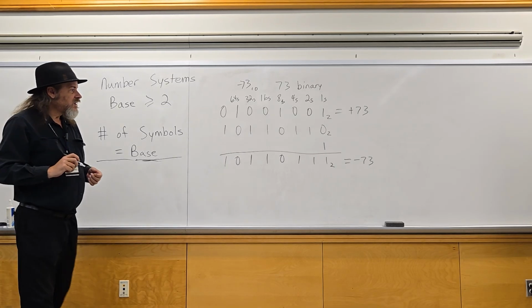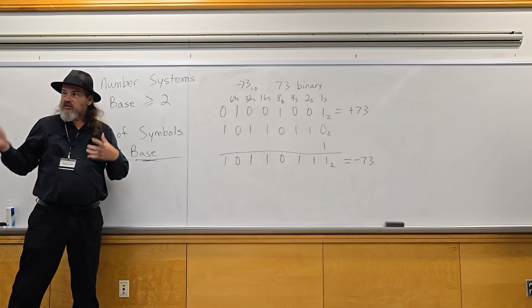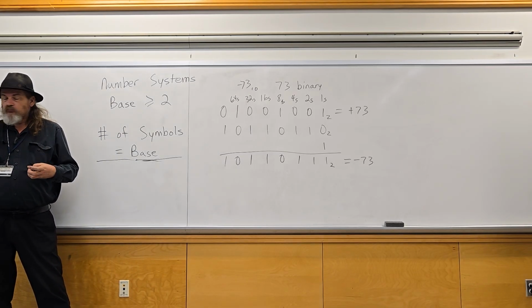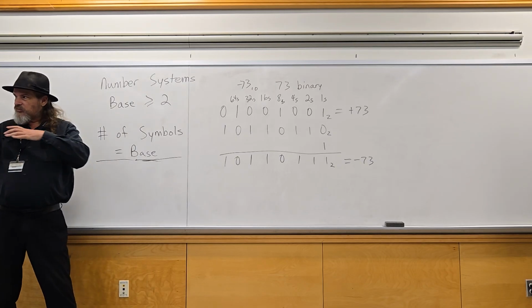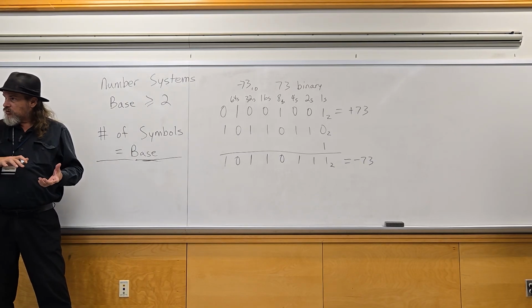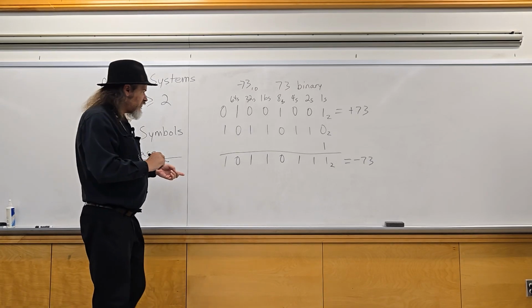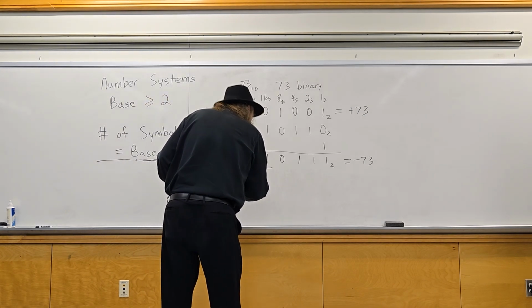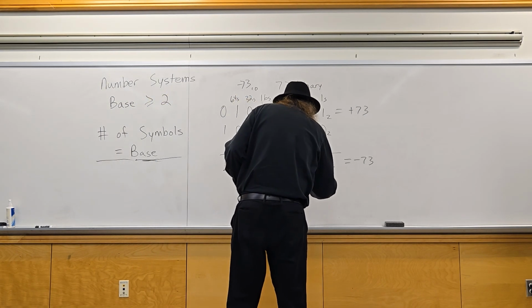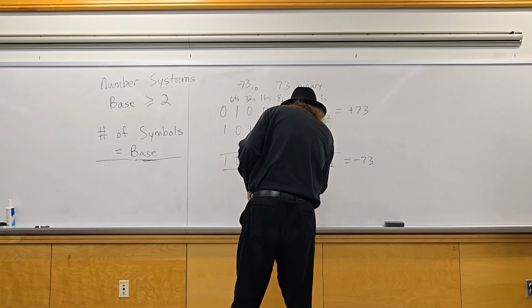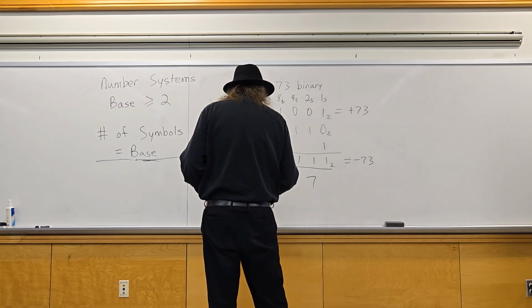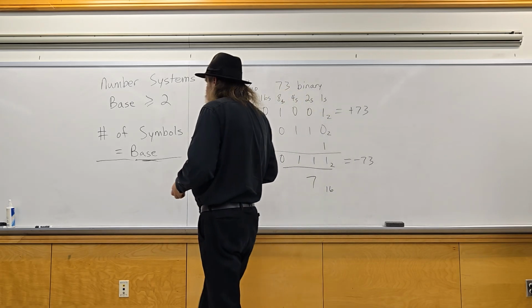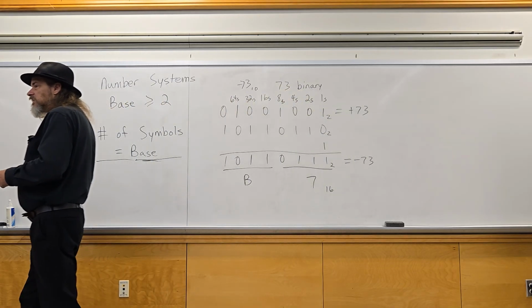Okay? And now you just convert it to hexadecimal, which is the simple substitution from the chart that we had before. So 1011 is B, and 0111 is 7. So B7 in base 16 is negative 73 in base 10.